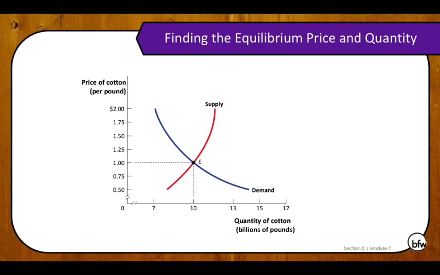And if we draw a horizontal line over to the y-axis, we see that the market equilibrium price is $1 per pound for cotton, and the quantity of cotton that will be bought and sold at that price is 10 billion pounds. So 10 billion pounds is the equilibrium quantity, and the price in the market will be $1, the equilibrium price, and that will be the market clearing price.